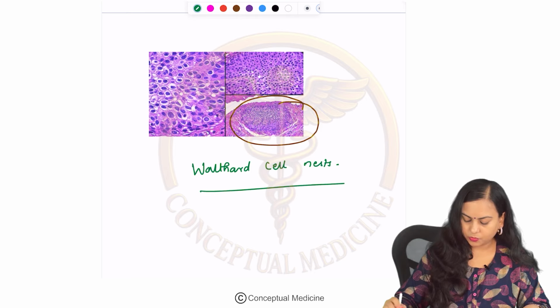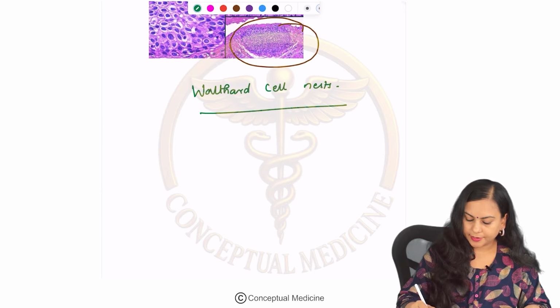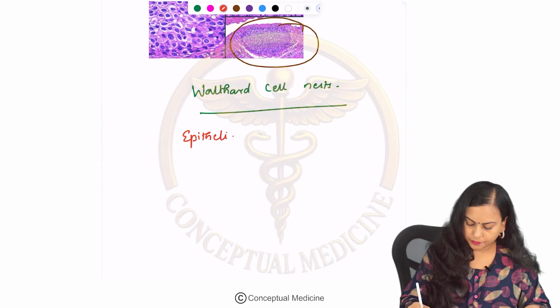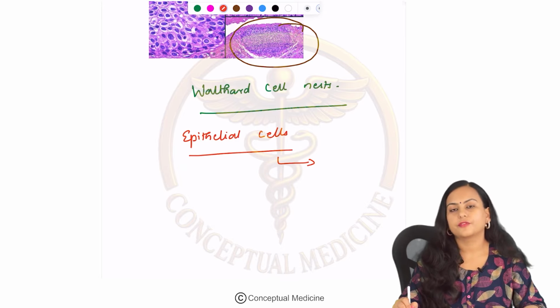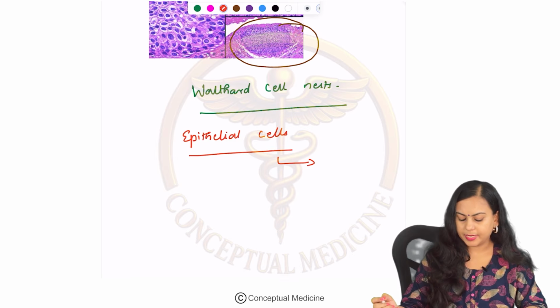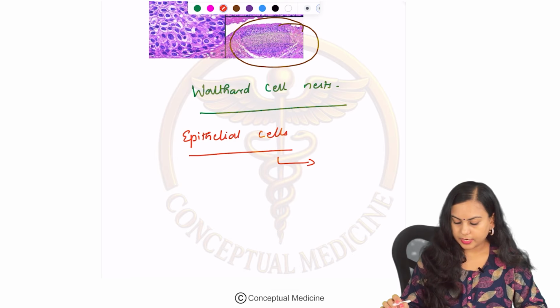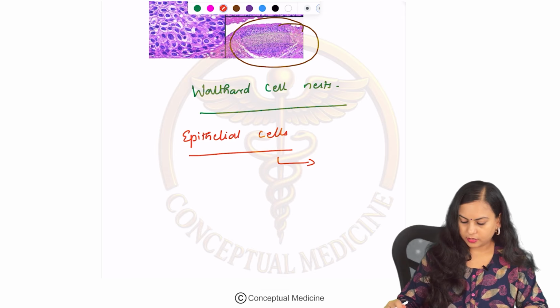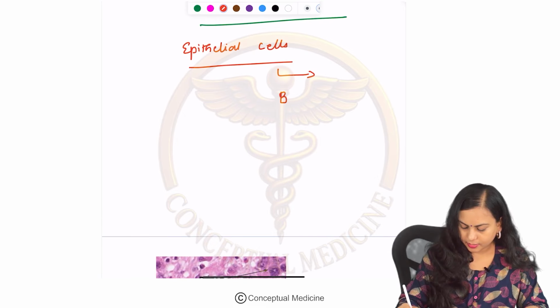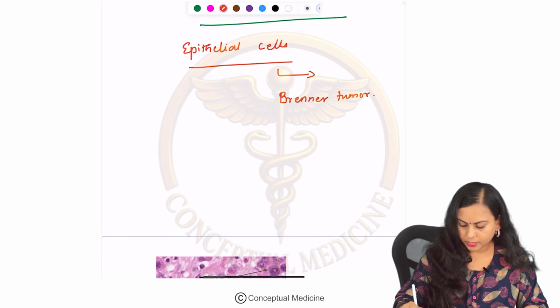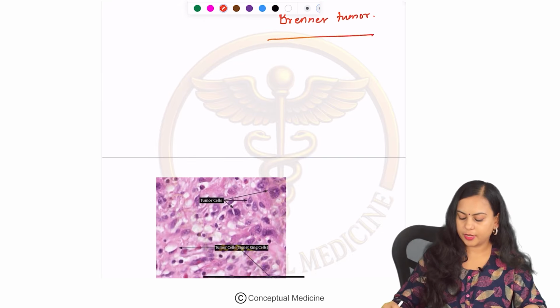These are nothing but a cluster of epithelial cells most commonly found in the connective tissue of the fallopian tubes or any other place, and in gynecology we get Walthard cell nests in Brenner tumor. Okay, Brenner tumor of ovary.